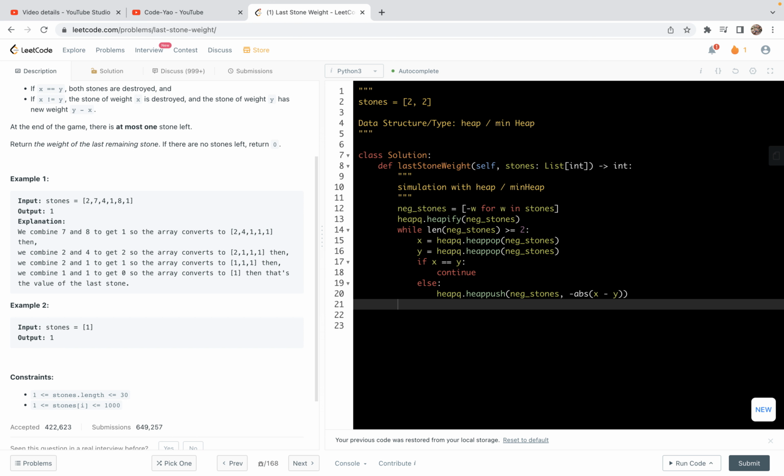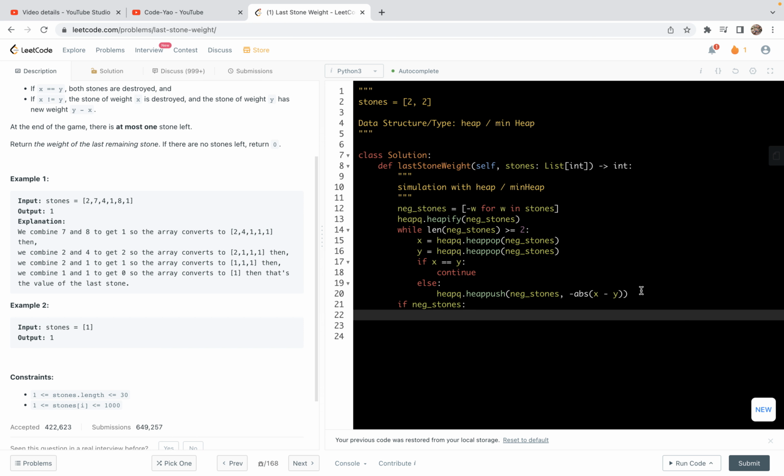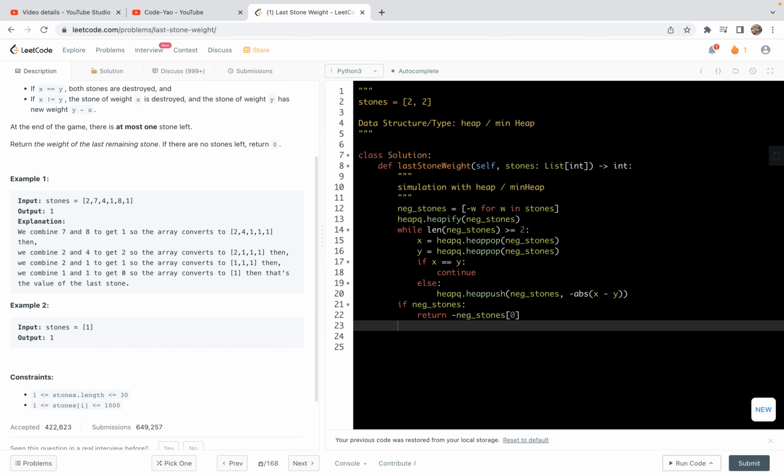Next we just need to check if we have stones left or not. If neg stones is nonempty, because we just exited the while loop, the length should be 1, so we just return neg stones 0. This is a negative value, so we put a negative sign in front. Otherwise, we just need to return 0.